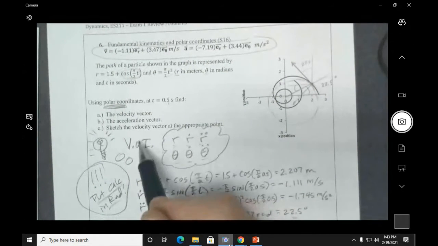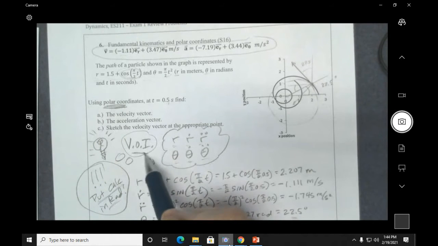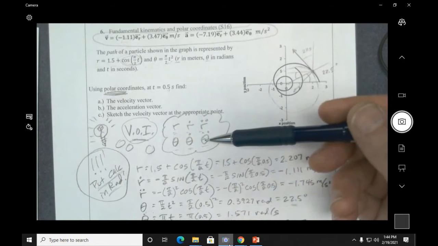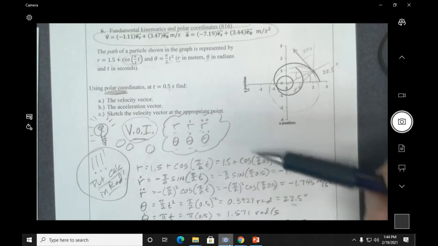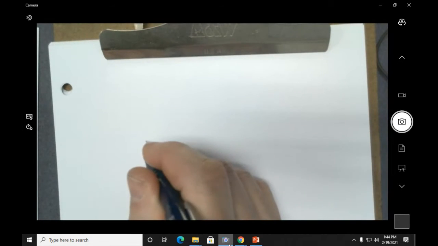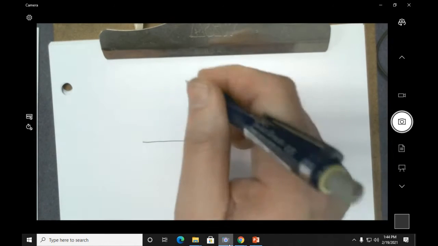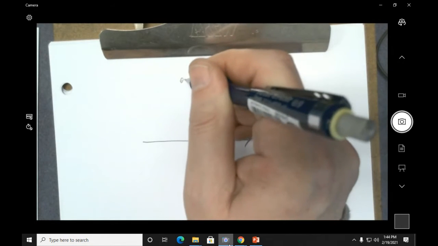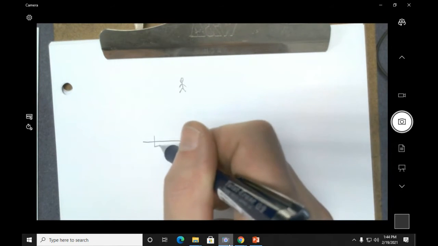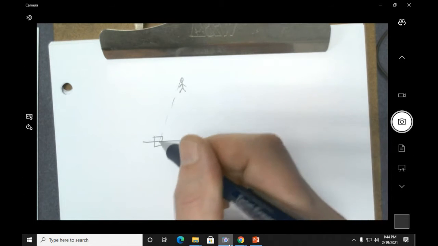The thing I want to go back to, when you have a polar problem, is the variables of interest. And sometimes we might want to go backwards. There are problems I have put together where we were given some type of velocity and acceleration. Maybe somebody is traveling in this direction, and we have an observer right here, watching cars moving from here to here.